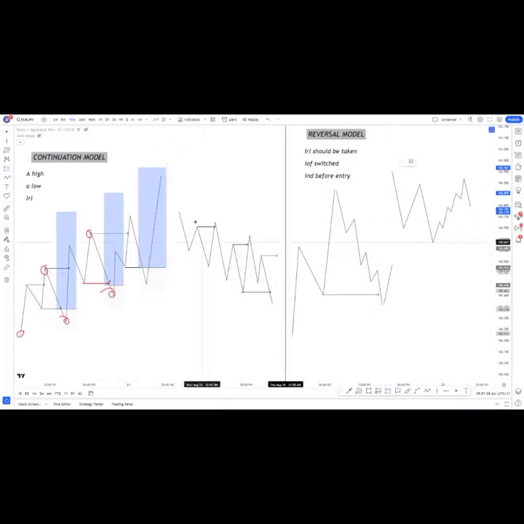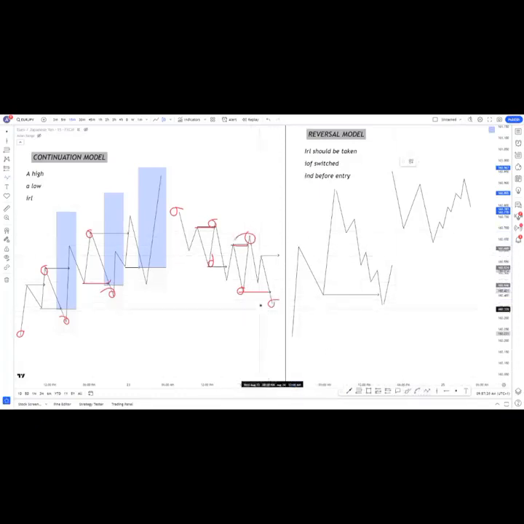Same thing for a bearish structure. All you need to mark out is your high, your low, internal range liquidity. You sell. After the sell, you can see it broke an external structure. The next thing is you mark out your high, and you mark out a low, then you mark out the internal range liquidity. You wait for the external break of structure. Then after that, you mark out your high again, you mark out your low, then you mark out the internal range liquidity, which is this.